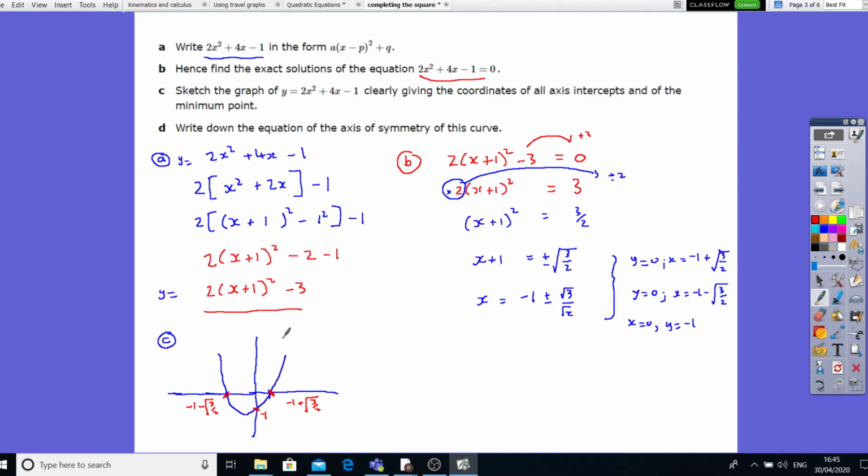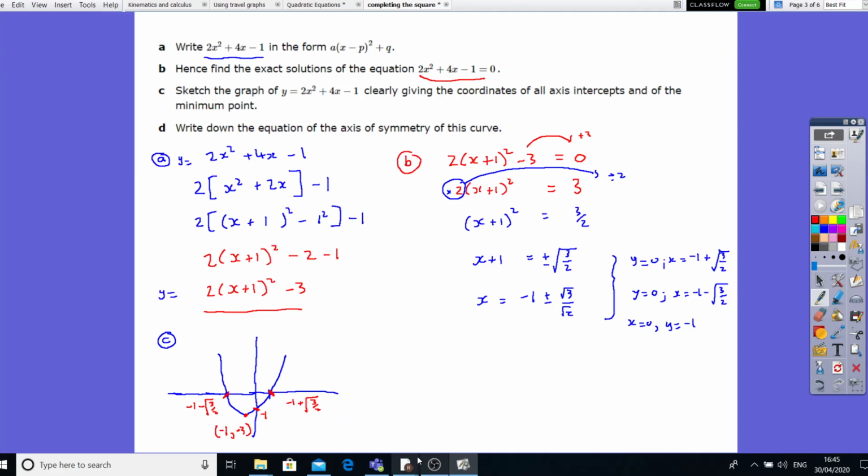The only thing we need to do is write down the minimum point. So this is the minimum point. The coordinates of the minimum point I can get from here. So when x equals minus 1, minus 1 plus 1 is 0, 0 squared is 0, times by 2 is 0, you end up with minus 3, so that will go down to minus 3.